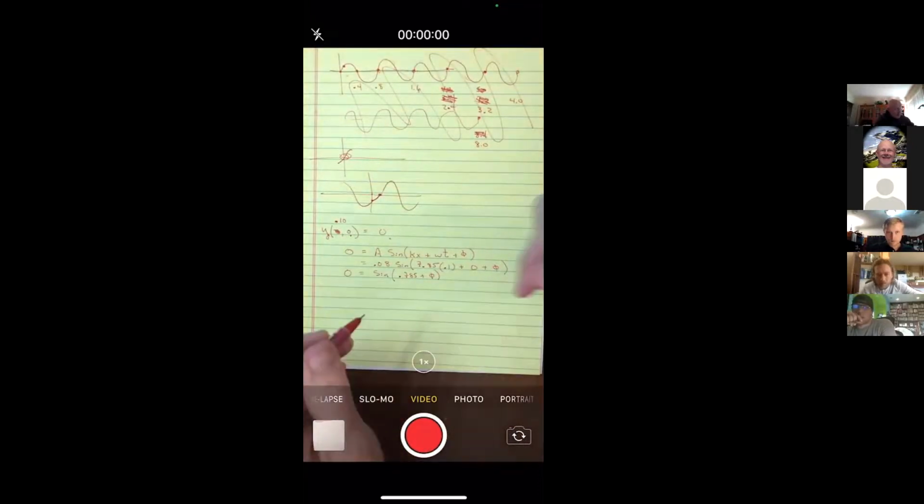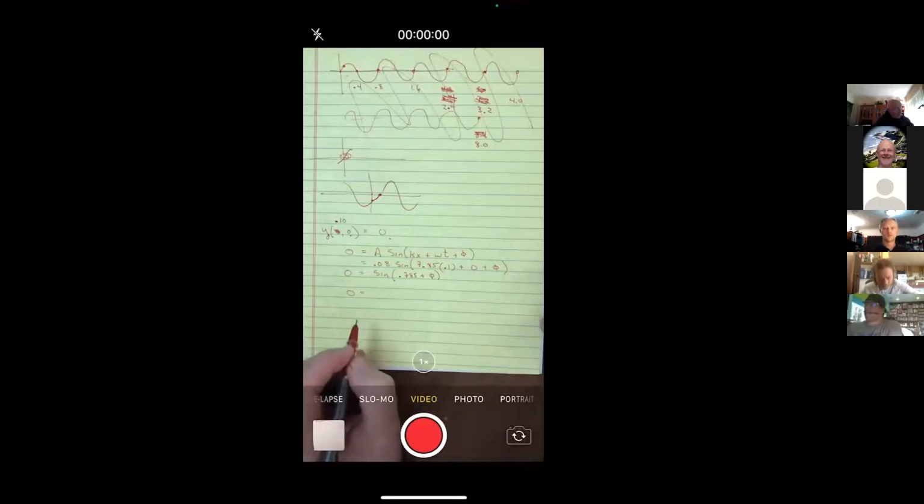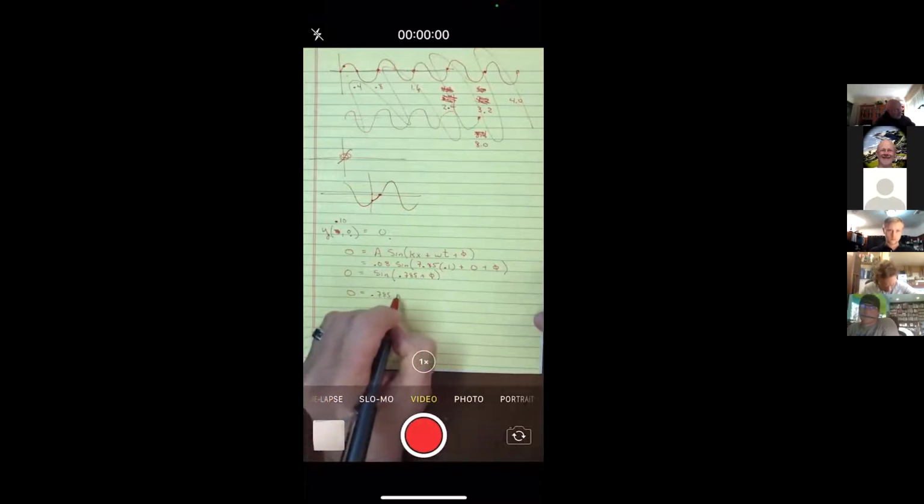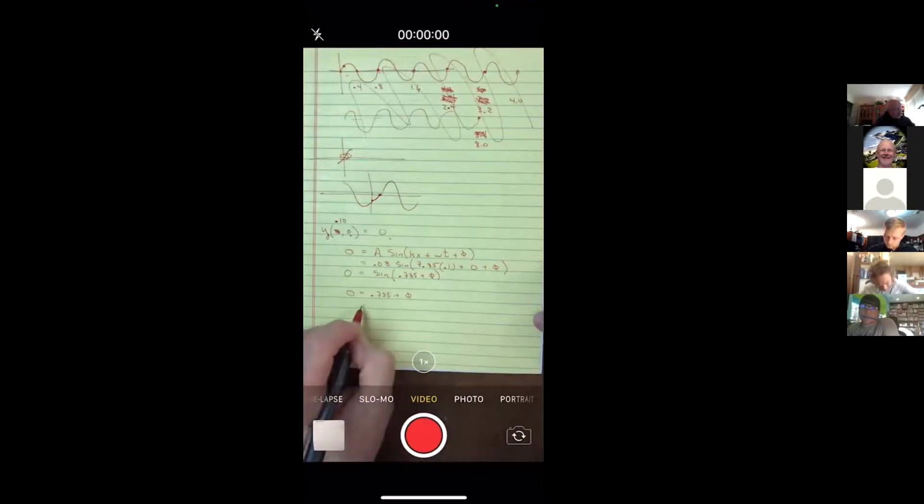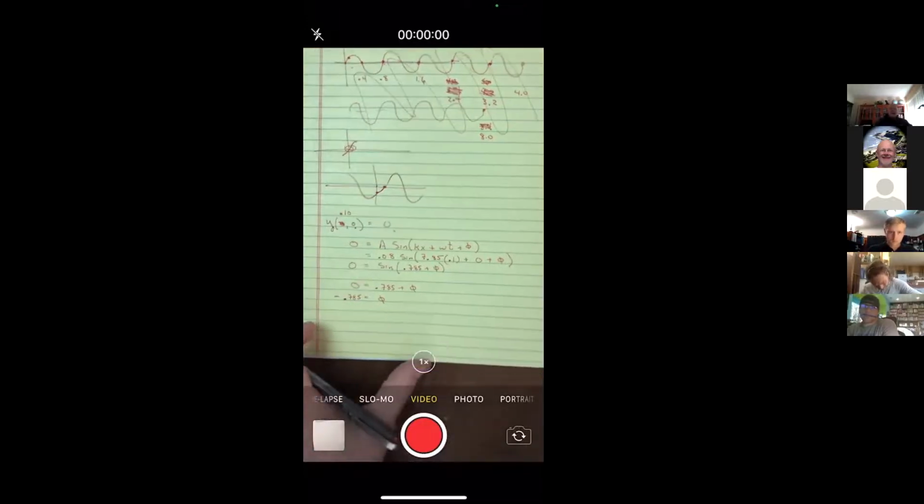Then when I do an inverse sine function, the inverse sine of 0 is 0. And then I would have 0.785 plus phi. And so this would tell me phi is a negative 0.785. And that's what I was trying to get at.